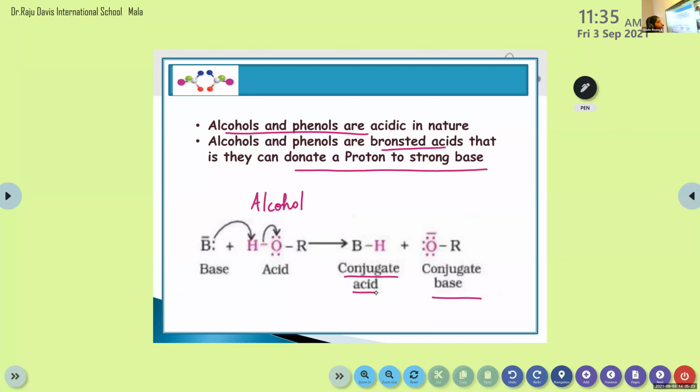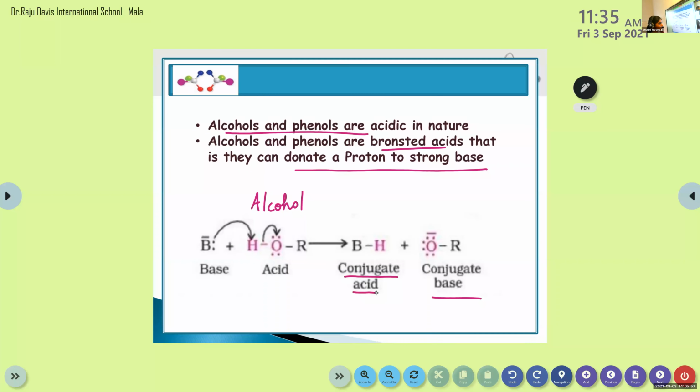That's why they are known as Bronsted acids. The remaining portion of the acid without H plus ion is known as the conjugate base. And when the base accepts this H plus ion, it becomes the conjugate acid. You have to remember like this: when an acid donates H plus ion, the remaining portion is considered the conjugate base. And when the base accepts one proton, it becomes the conjugate acid.